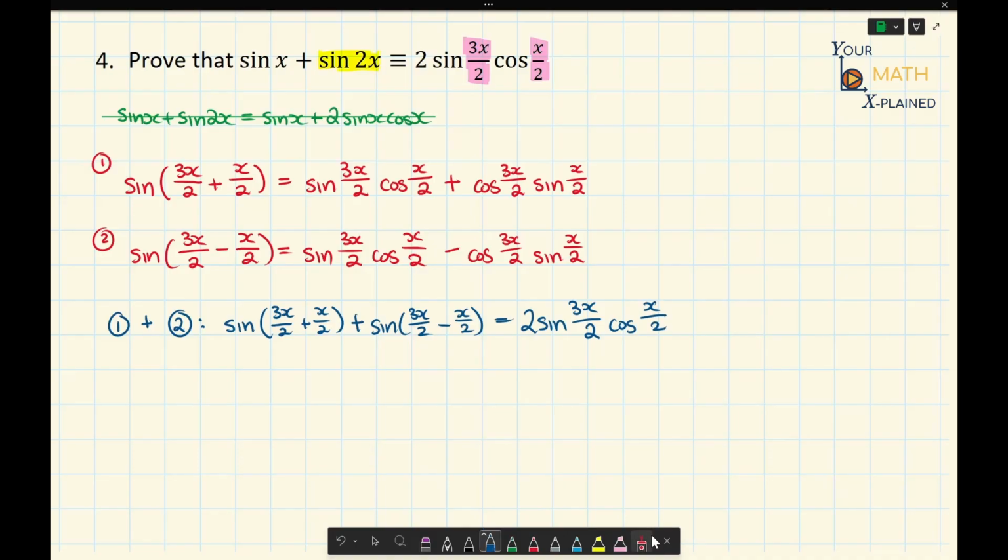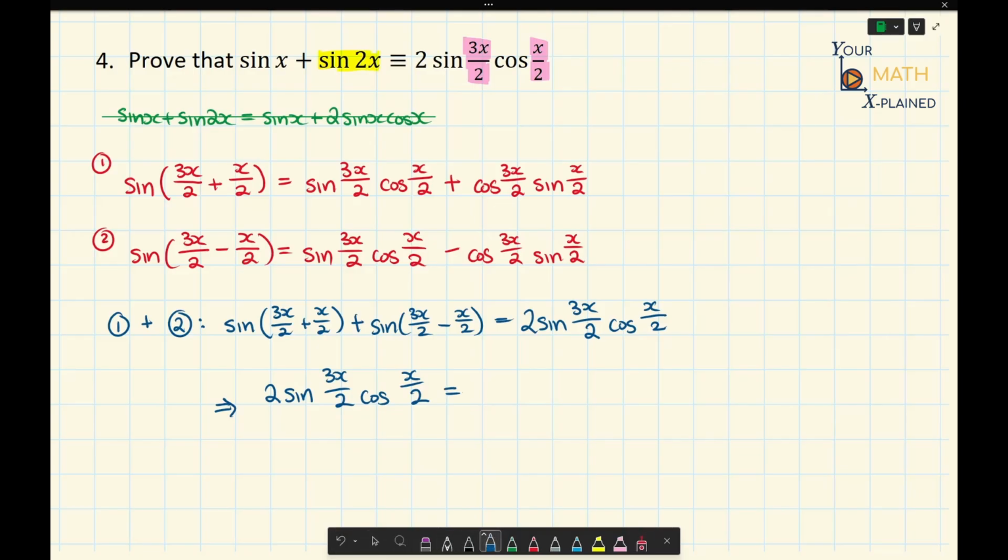And now this is perfect because this is exactly what we have on the right-hand side of the identity. So meaning we get 2 times sine of 3x over 2 times cosine of x over 2 is equal to this part right here. But notice how we can actually add these two angles because 3x over 2 plus x over 2 is just 4x over 2.